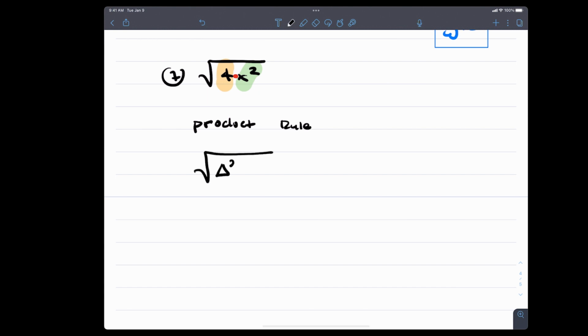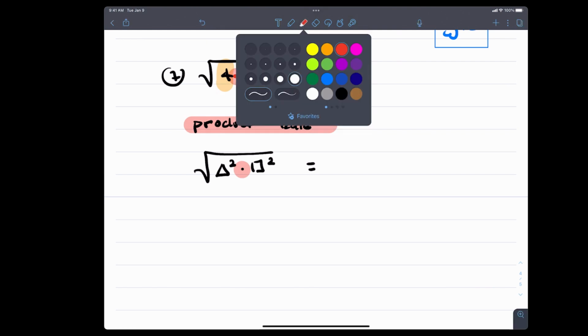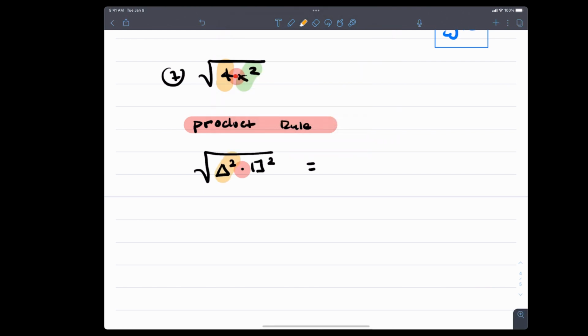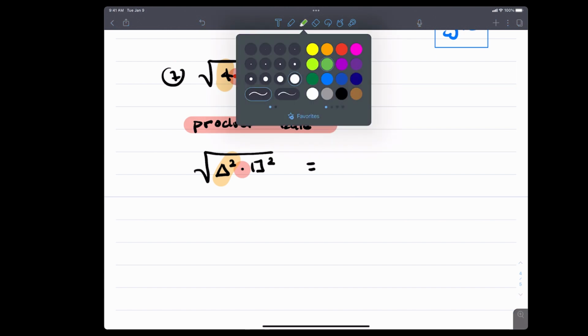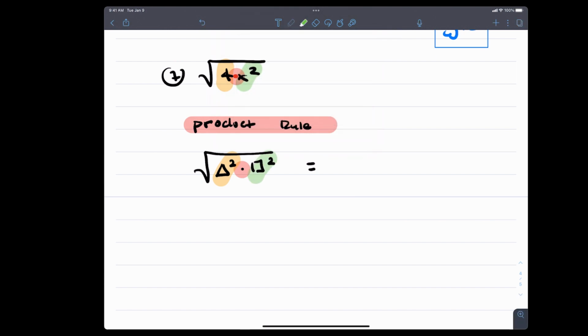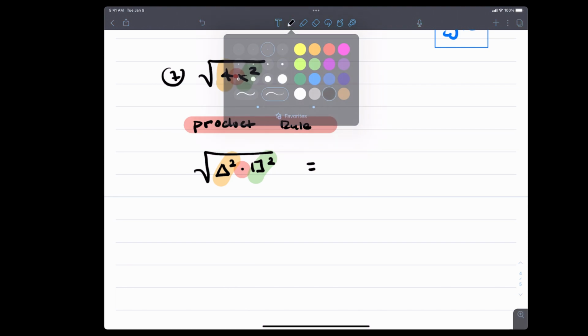So if I take triangle squared times square squared, this is when we say product rule. What do you guys know about the number 4 here? It's a perfect square. Good. What do you guys know about the x squared? Yeah. So here's the product rule.